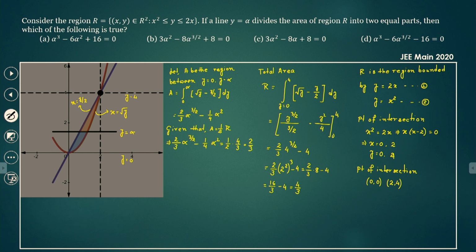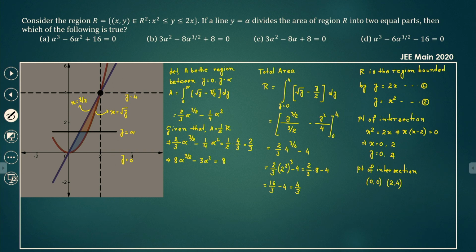So let's multiply by 12, the LCM. Multiplying by 12, we get 8 alpha to the power 3 by 2 minus 3 alpha square, equal to 12 times 2 by 3, which is 8.